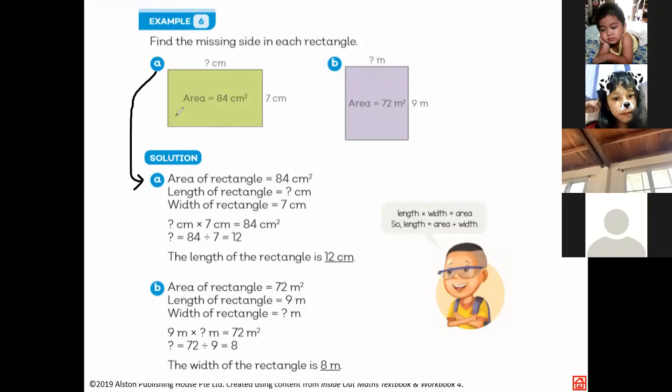And the area is 84 centimeters squared. So what we're going to do here is just divide 84 centimeters squared by 7.